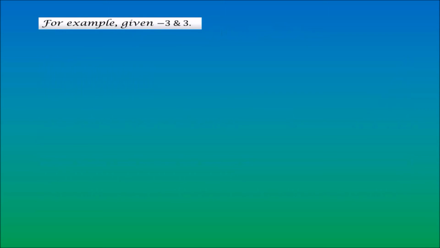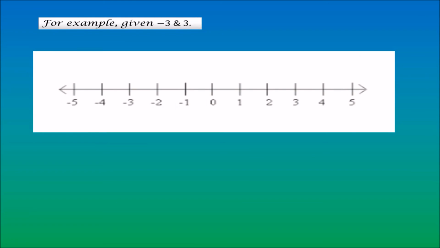For example, we have given -3 and 3. So, we will plot it on the real number line, -3 and 3. -3 and 3 are both 3 units from 0.